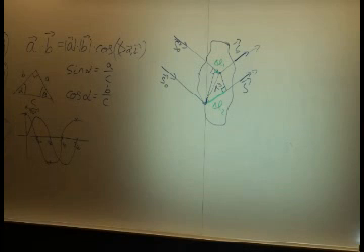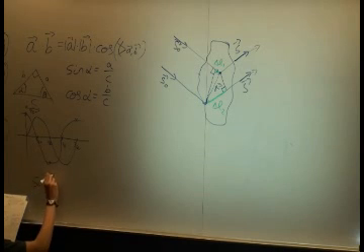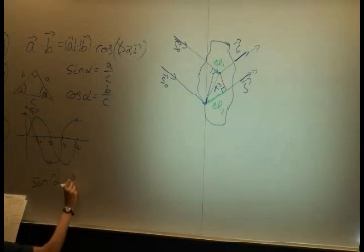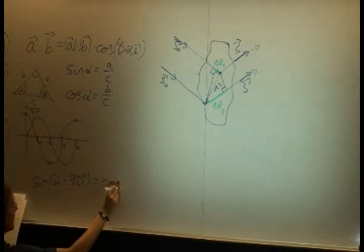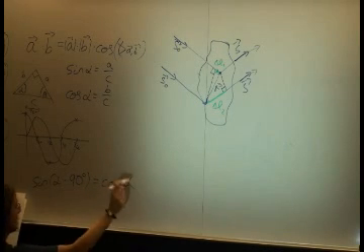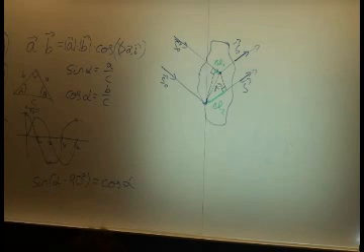A 90-degree difference, right? So we can write that the sine of an angle minus 90 degrees is equal to the cosine of that very same angle. Okay? That's the relation between those two.